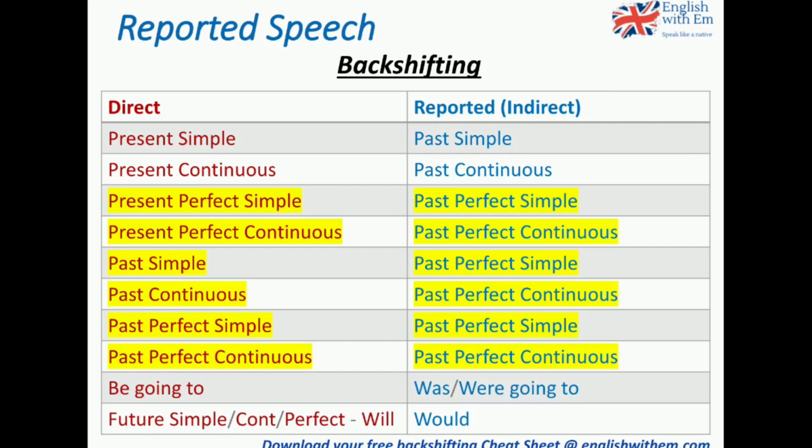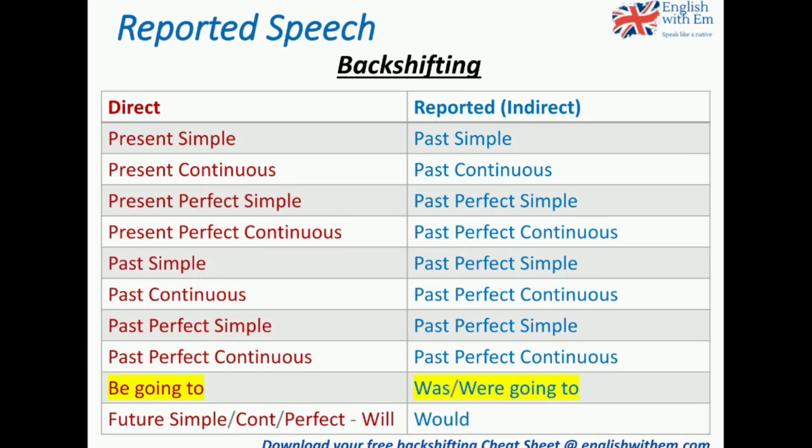So it's really important to learn the past perfect tense for reported speech. Don't worry if you don't know the structure of the past perfect tense, because you're going to learn all the different structures throughout the video.